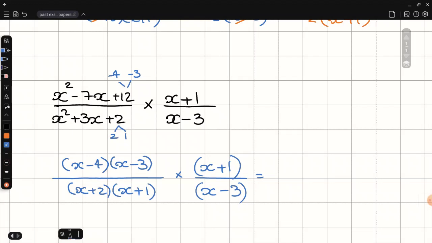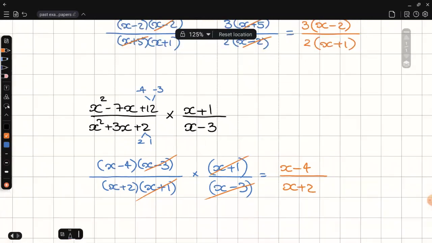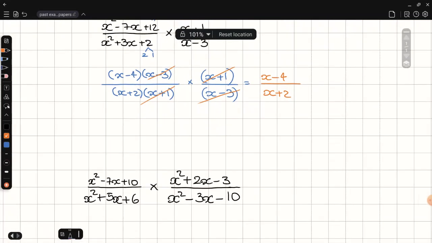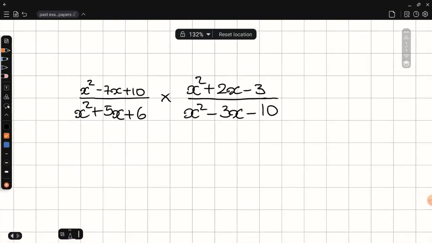So here I can cancel x minus 3 with x minus 3, and I can cancel the x plus 1 with x plus 1. So what I am left with is x minus 4 over x plus 2. And then let's have a look at the final question.